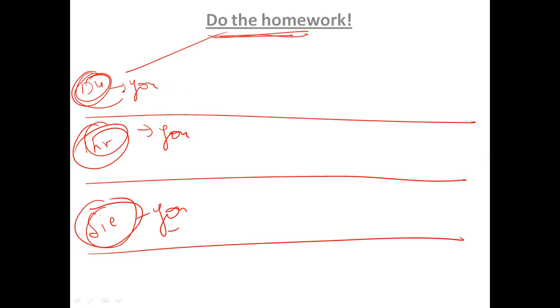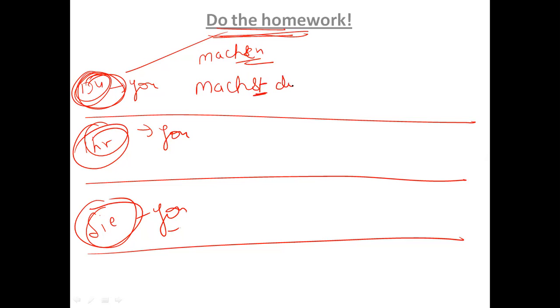If I make it with du, let's translate it first word to word. It says, do the homework. Do is machen, right? Machen is the verb. So if I need to frame a sentence of this, I should say machen, but with du it should be conjugated. I need to conjugate it, right?